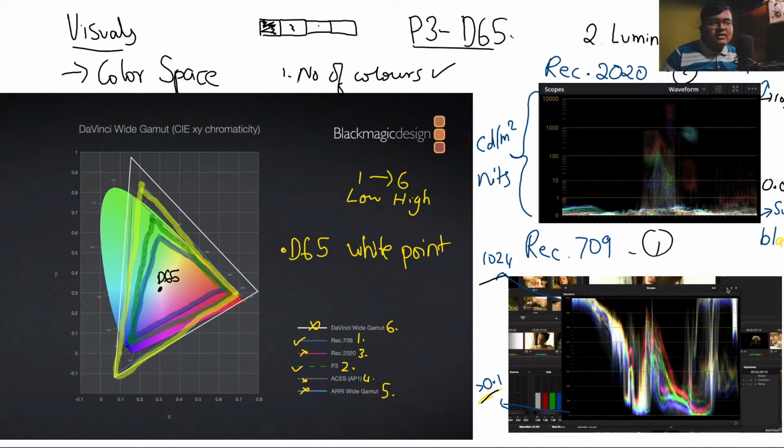From here, how much green will be there, how much magenta or red, how much purplish, depends upon the color space. The highest currently is the DaVinci wide gamut in videos, but I don't think it will come in the DCP point of view. From the DCP point of view, we can have P3 or Rec 709 currently.